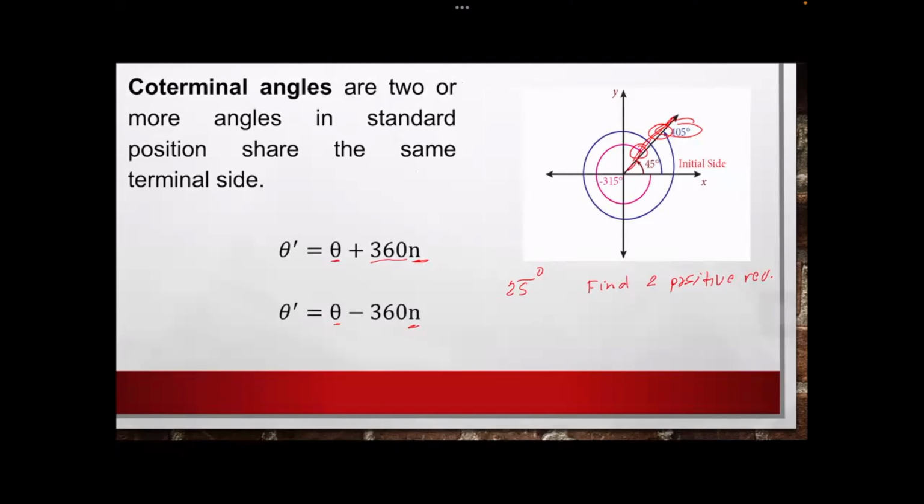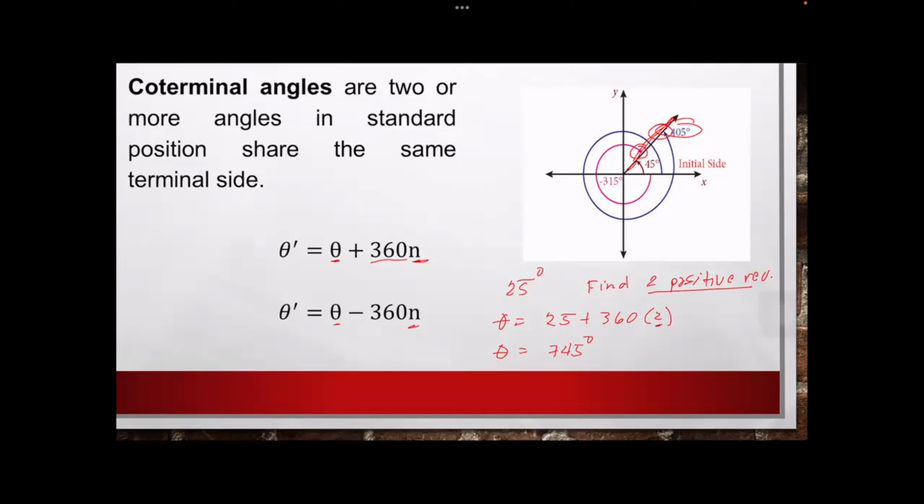Meron ka dito na theta is equal to 25 plus 360 times 2. Bakit siya 2? Kasi 2 positive. Kung 1 positive ay di 1, kung 3 positive ay di 3. So that will be 25 plus 360 times 2, magkakaroon ka ng 745 degrees as the 2 positive revolutions.